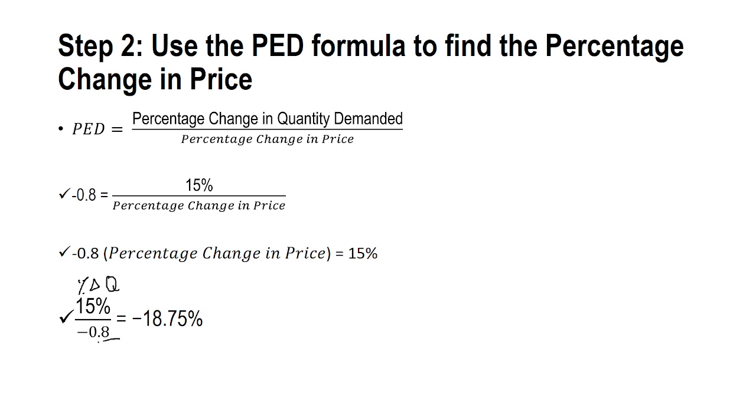This price elasticity of demand is given to us in the original question, minus 0.8. So the final answer equals minus 18.75% in two decimal places. 18.75% is the percentage change in price. This is our first question in this tutorial.